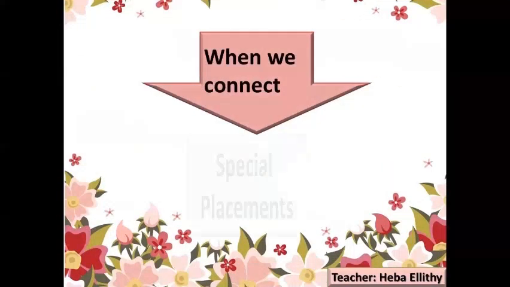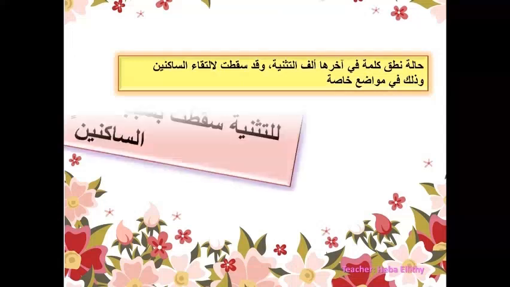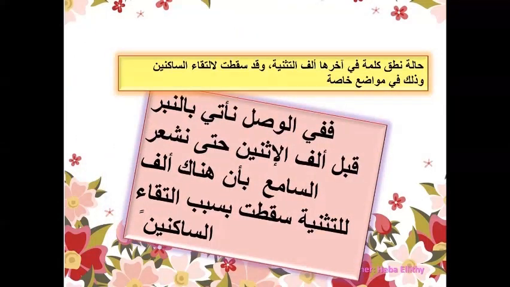When we connect, special placements. حالة نطق كلمة في آخرها ألف التثنية وقد سقطت لالتقاء الساكنين، وذلك في مواضع خاصة، ففي الوصل نأتي بالنبر قبل ألف الاثنين حتى نشعر السامع بأن هناك ألف للتثنية سقطت بسبب التقاء الساكنين.